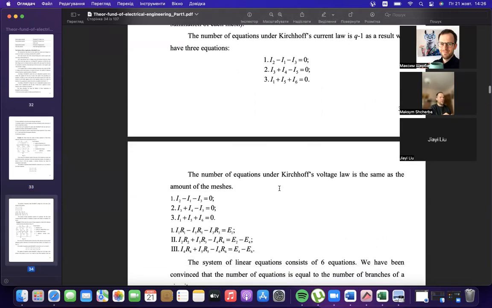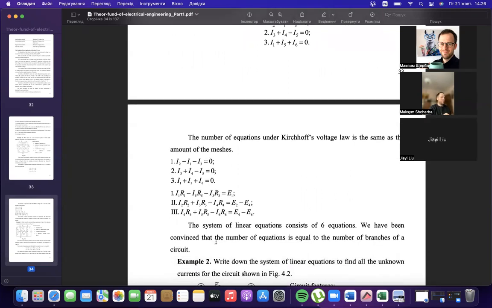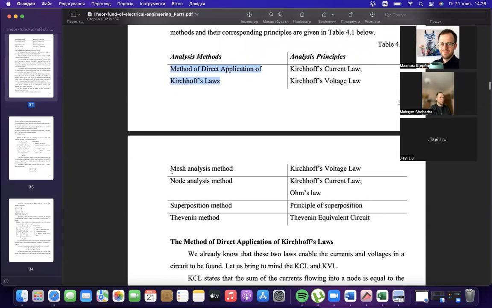For this purpose, the general method was a little bit transformed, and a couple of variations were proposed, called mesh current, node analysis method, and a couple of others.